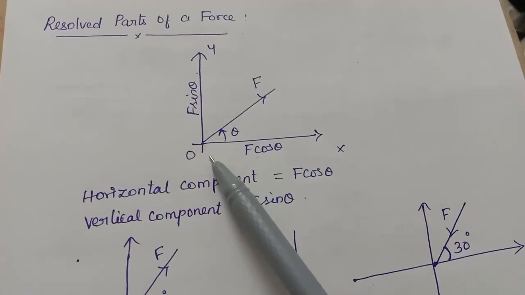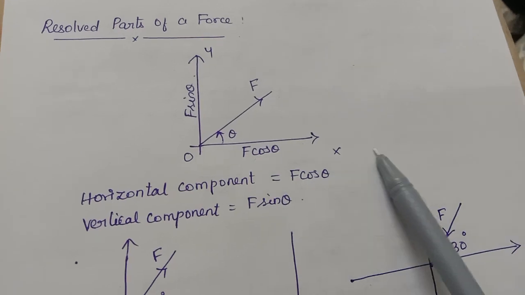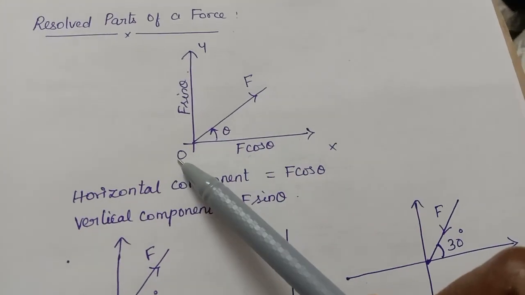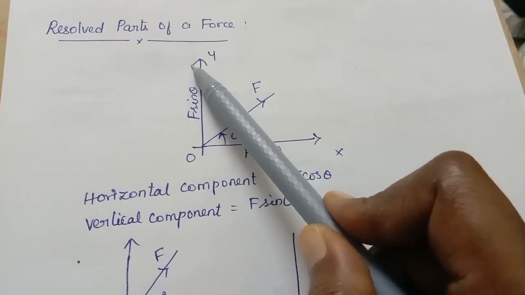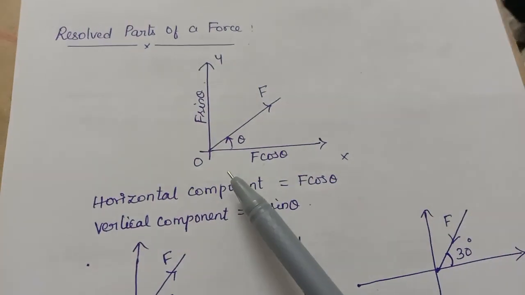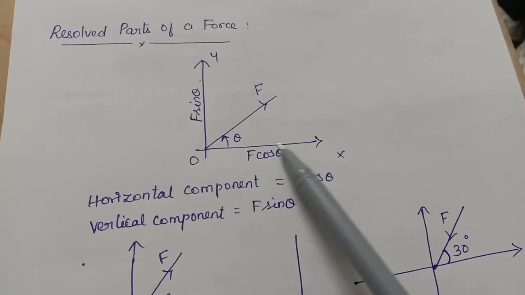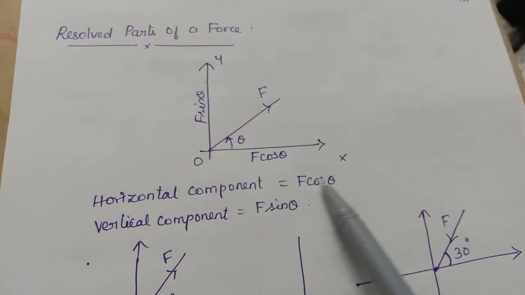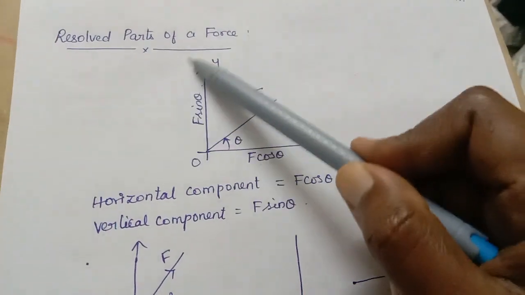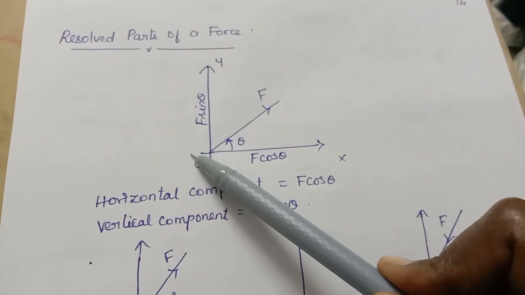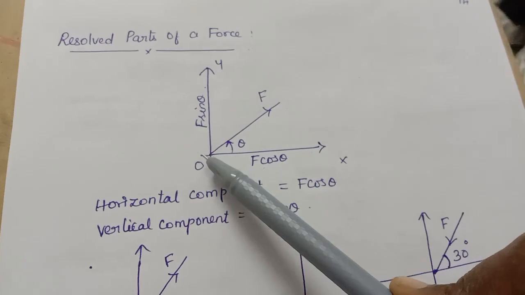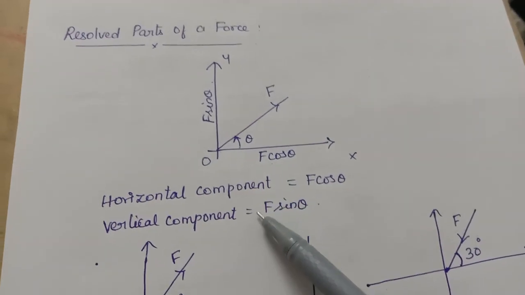So totally I will have n components along the horizontal line and n components along the vertical line. For finding the resultant, I should find the algebraic sum of the horizontal components and the algebraic sum of the vertical components. Then from that I can find the resultant easily.